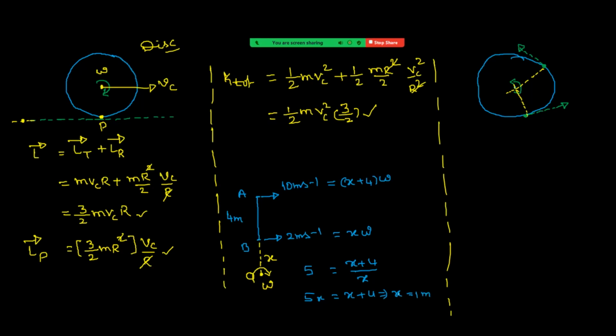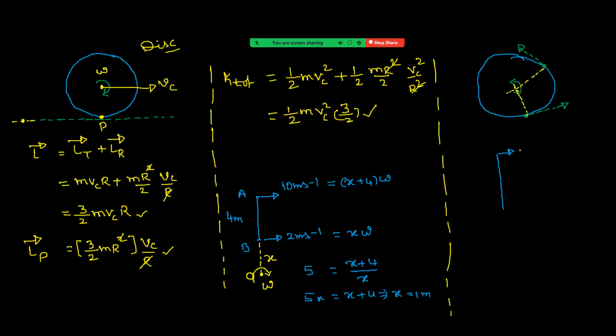Okay. So like this, directly we can get the location of the instantaneous axis of rotation, right? Now do one thing. Let us take the same problem, but the velocities are opposite.